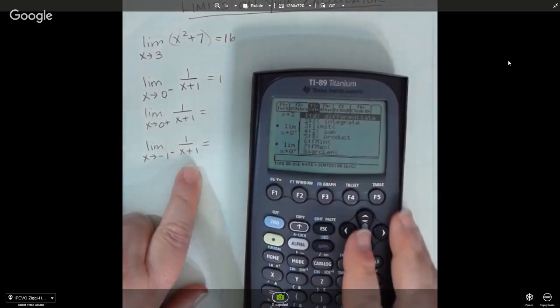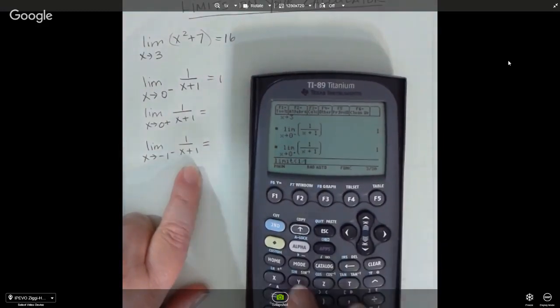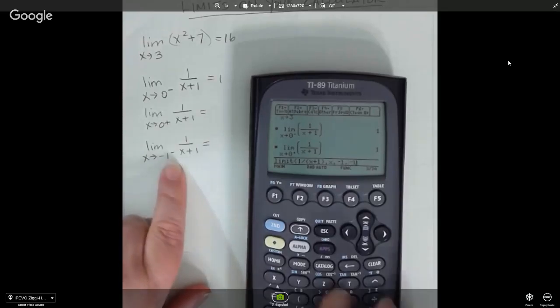So we're going to go F3, limit of 1 divided by parentheses x plus 1, comma, with respect to x, as x approaches -1 from the negative side. And we're going to put -1. So that means the negative side. And lo and behold, there it is.